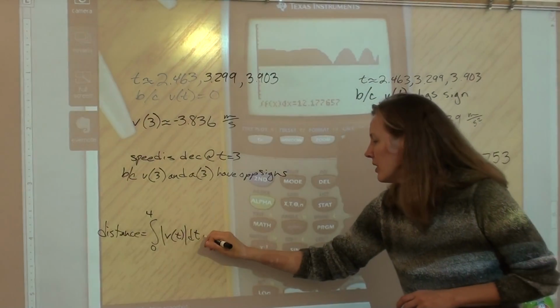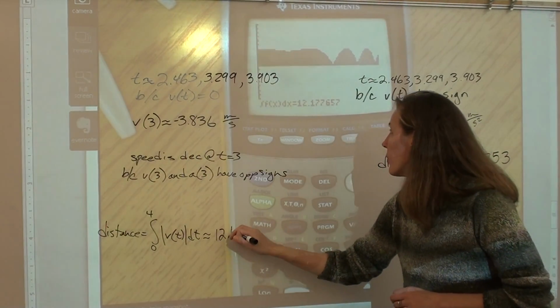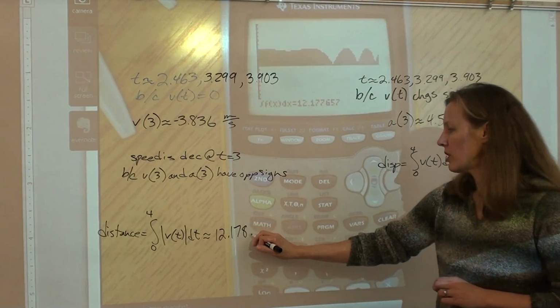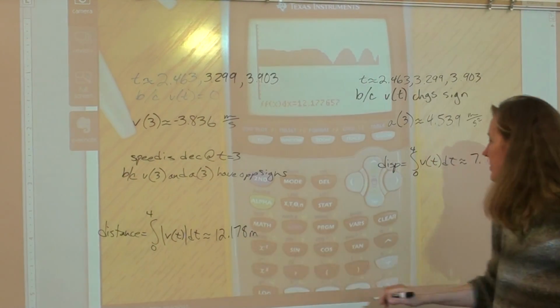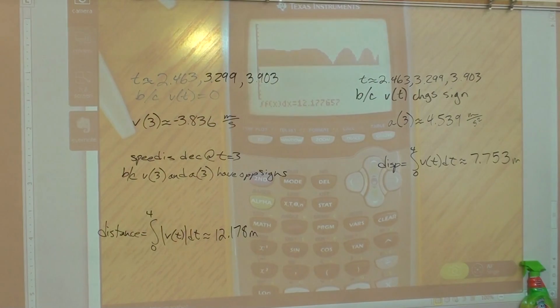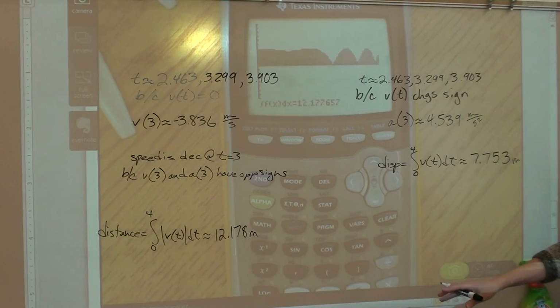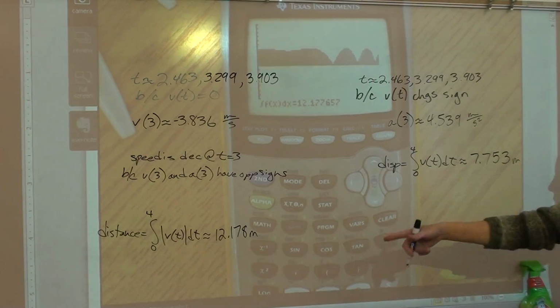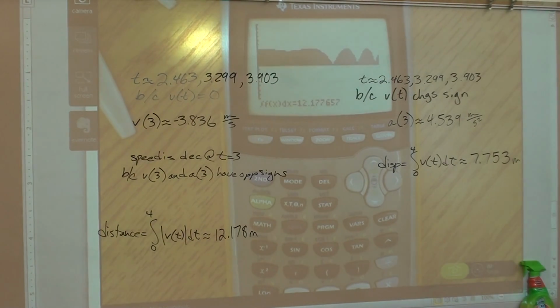So he traveled around 12.178 meters. Same thing for displacement, meters. If you forget which one is which, just remember distance will always be greater than or equal to displacement. The distance is the full amount you traveled, so if you run them both, the bigger number is always your distance.